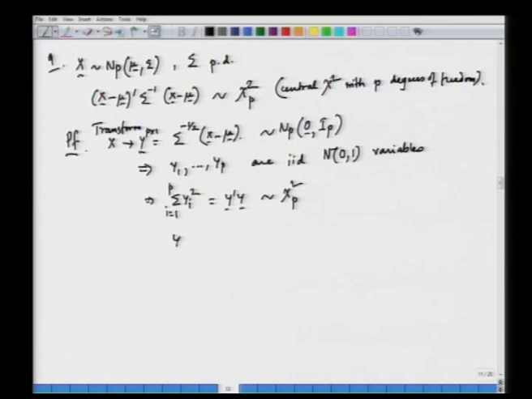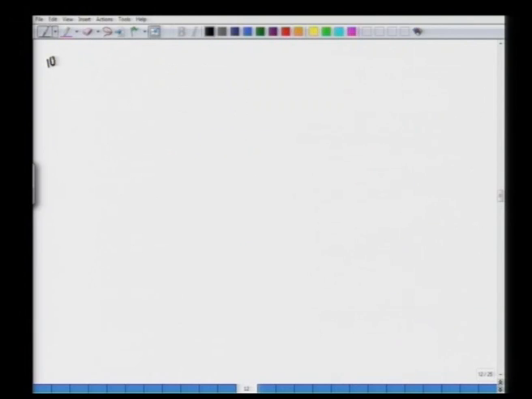So, we have y transpose y, which is nothing but our x minus mu transpose sigma inverse x minus mu. This follows a central chi-square with p degrees of freedom. Simple.